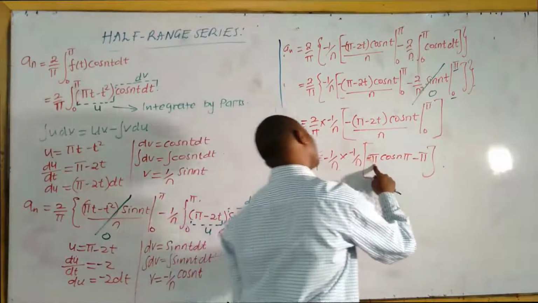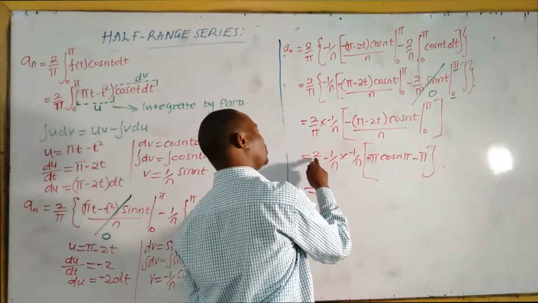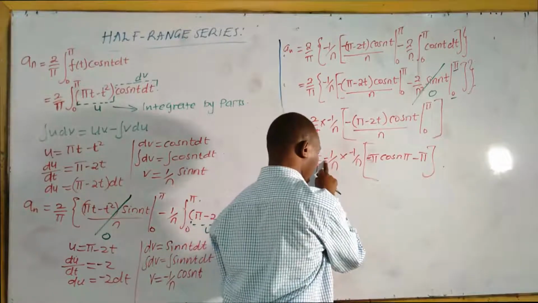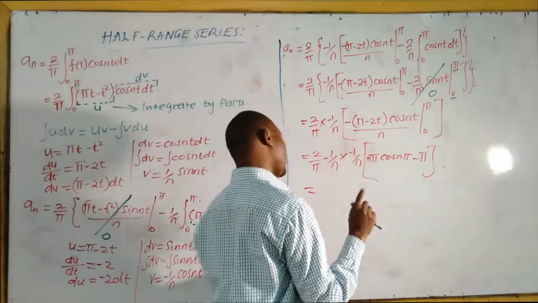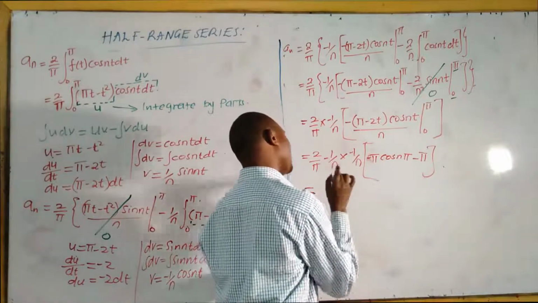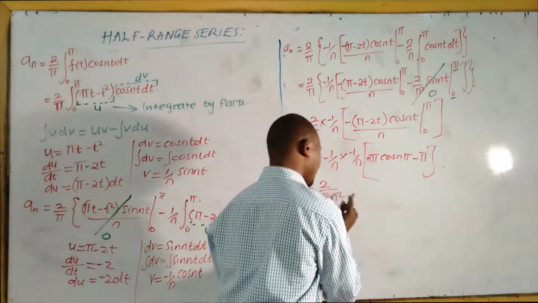We can still factor out this pi here. So we have negative 1 over n times negative 1 over n, positive 1 over n squared, times 2 over pi. 2 over pi n squared.